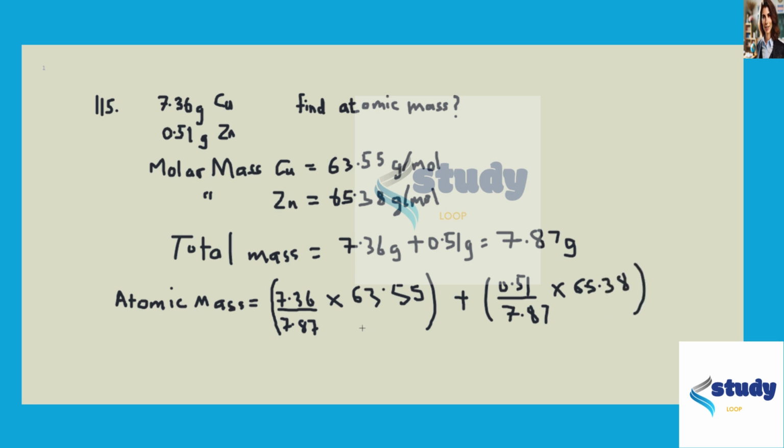The final result will be in grams per mole because the ratio is unitless. Upon doing this arithmetic, you're going to see that the final result is 63.7 grams per mole, taking into consideration the significant figures in the result.